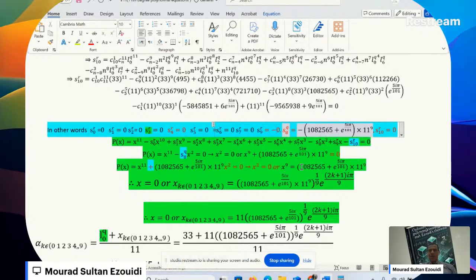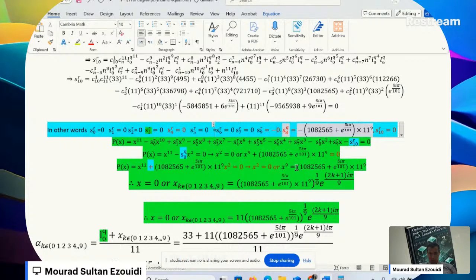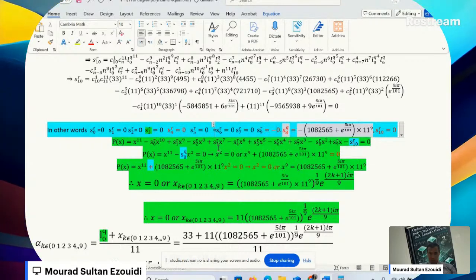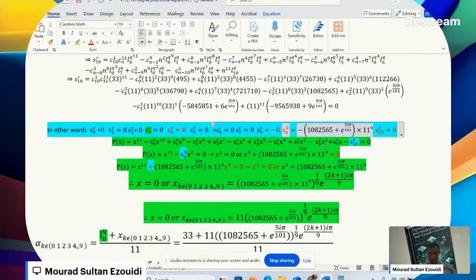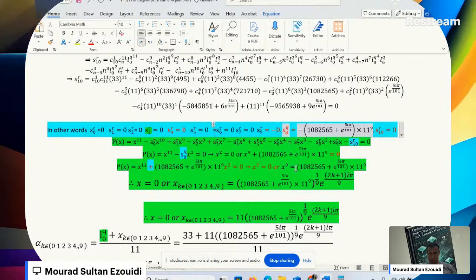Now x9 is equal to, we thought this is minus, when is S8, this is S8, minus S8, this is minus, will be positive.